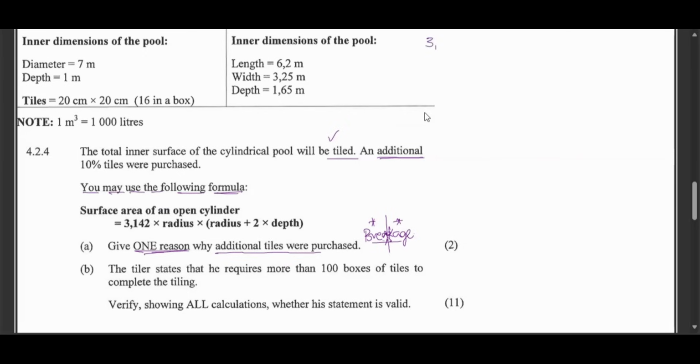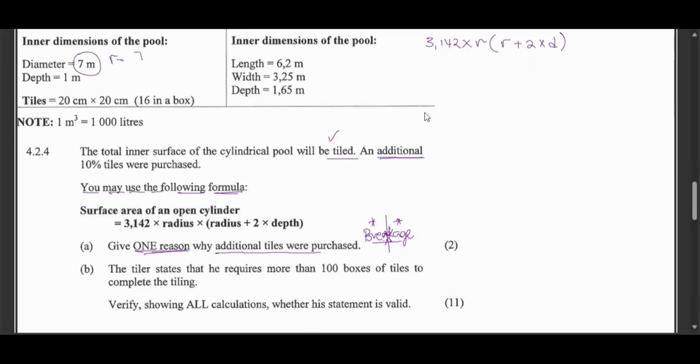So we have 3.142. I'm writing down the formula. Times the radius, I'll shorten it as r. I will open bracket, r plus 2 times depth. Okay. So ask yourself, do you have your r? Remember the r, where do we get it from? From the diameter.